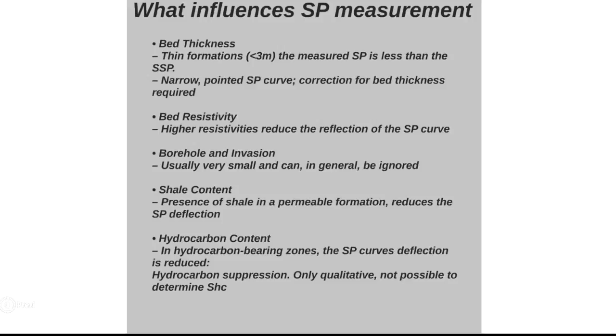Shale content: presence of shale in a permeable formation reduces the SP deflection. Hydrocarbon content: in hydrocarbon-bearing zones, the SP curve deflection is reduced. Hydrocarbon suppression is only qualitative; it is not possible to determine SHC.